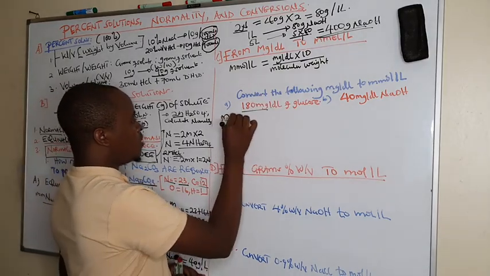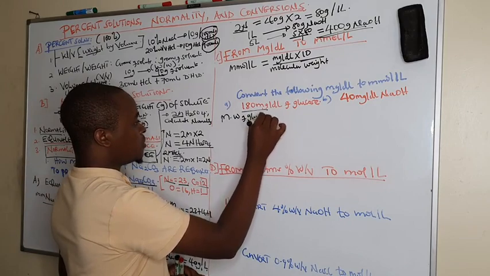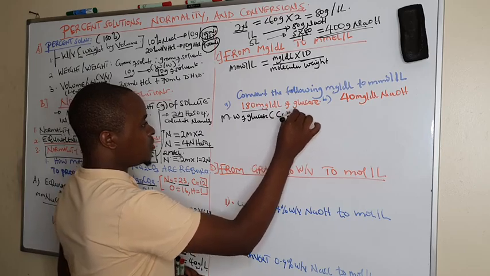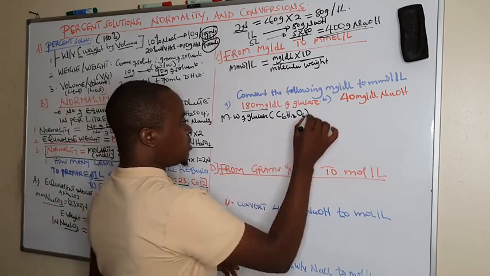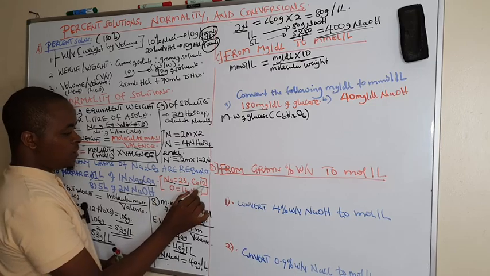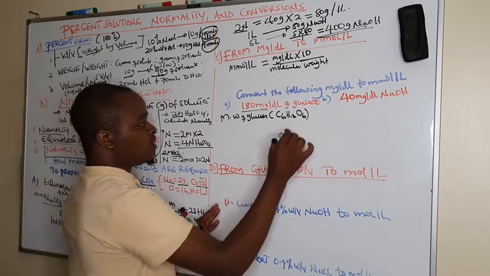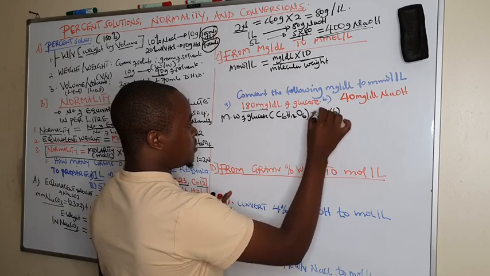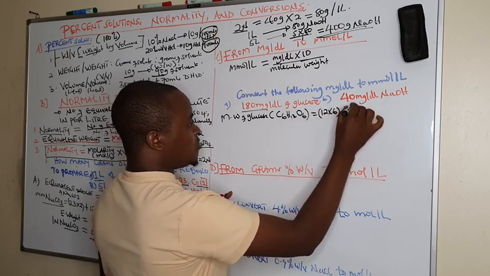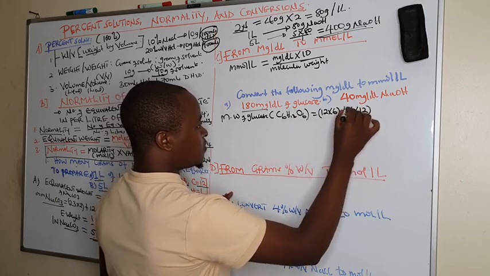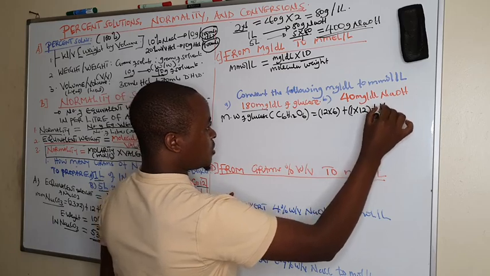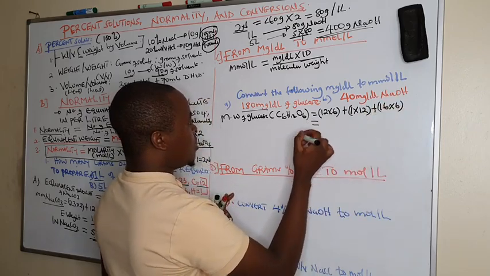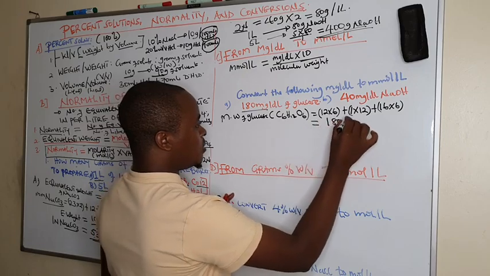Glucose is C6H12O6, and the atomic mass of carbon is 12, so I will get 12 times 6, plus hydrogen atomic mass is 1 times 12, then plus oxygen is 16 times 6, and the total molecular weight is 180 grams.